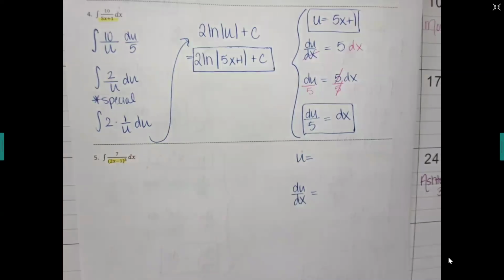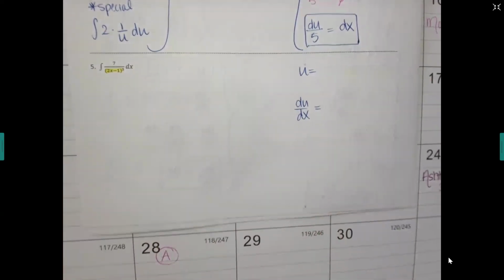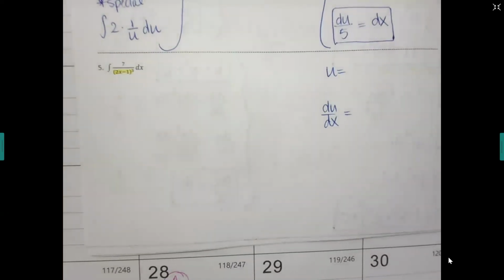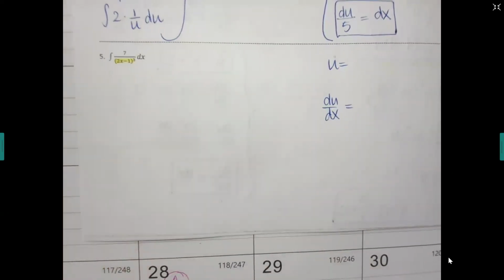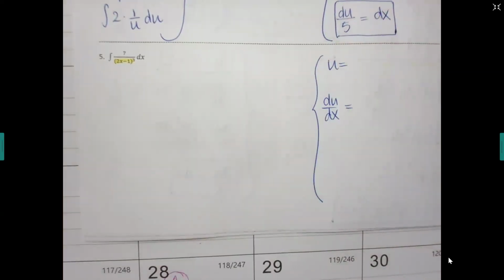U should be 2x minus 1. If you didn't pick that, it'll mess kind of everything else up. And then once you have that, go ahead and try your rewrite.